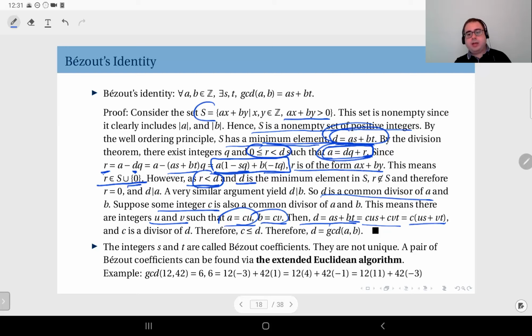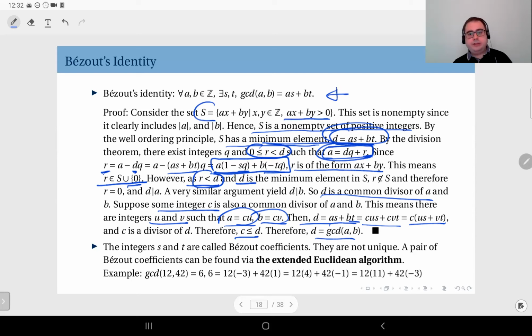And clearly, U times S plus V times T is an integer, which means by definition, C is a divisor of D, which means C must be less than or equal to D. Therefore, D clearly is the greatest of all common divisors of A and B, and by definition, that means D equals the GCD of A and B. And this shows you that Bézout's identity stated here is correct.